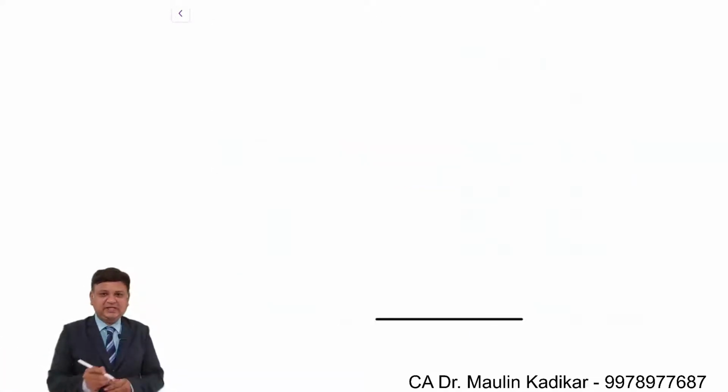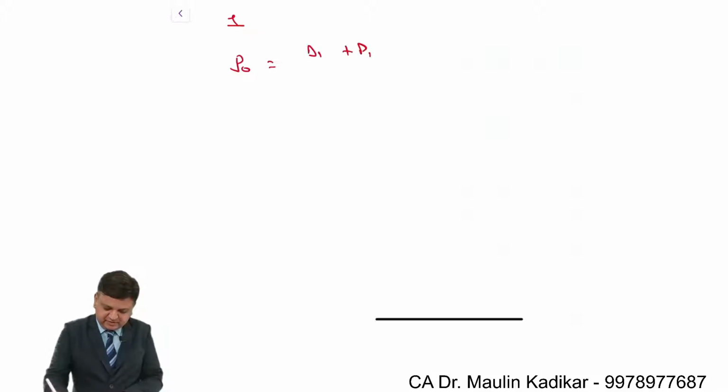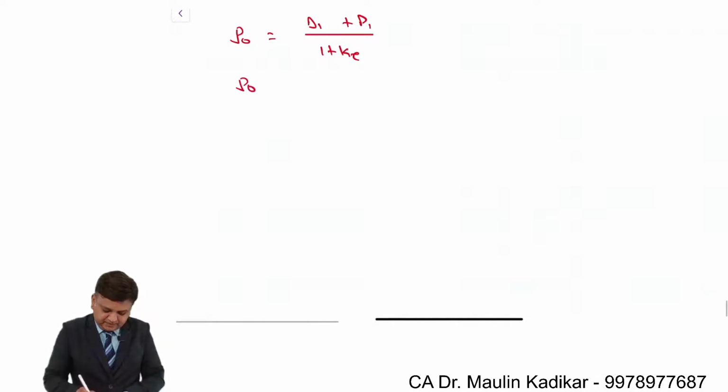So we understand that the answer is very simple. P0 is equal to D1 plus P1 divided by 1 plus K. P0 into 1 plus K is equal to D1 plus P1.